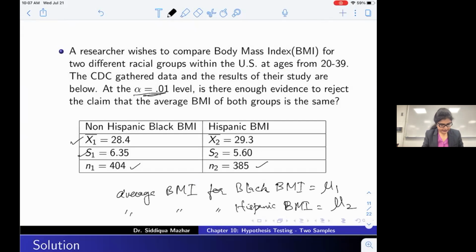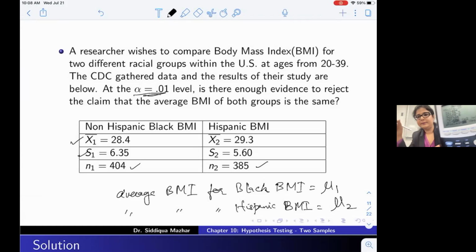Now X2 is 29.3, which is Hispanic BMI. Sx2, the sample standard deviation for the Hispanic BMI, is 5.6. And n2, the sample size for Hispanic BMI, is 385. And the alternating hypothesis is not equal to.